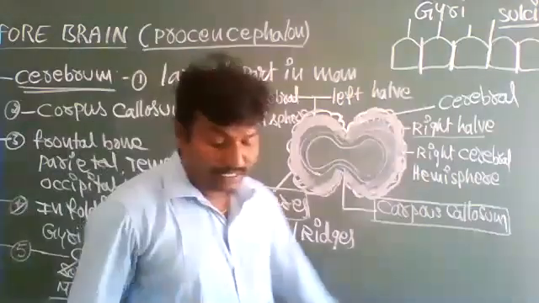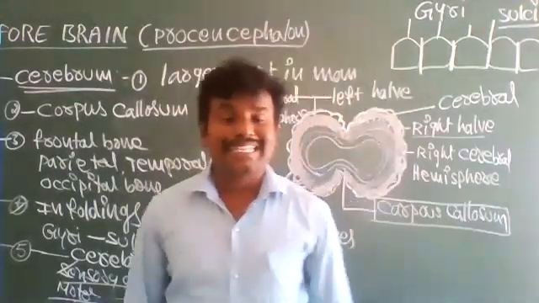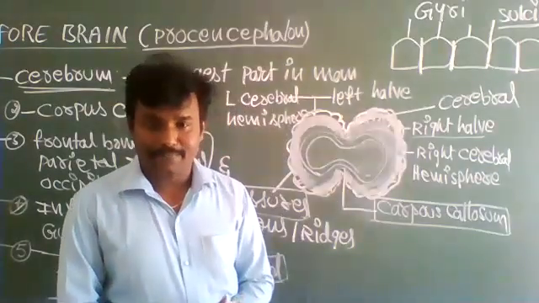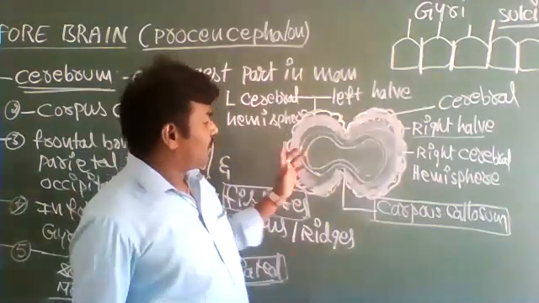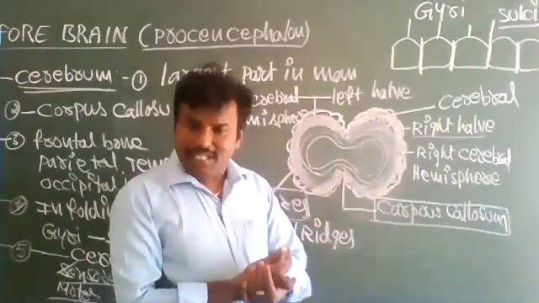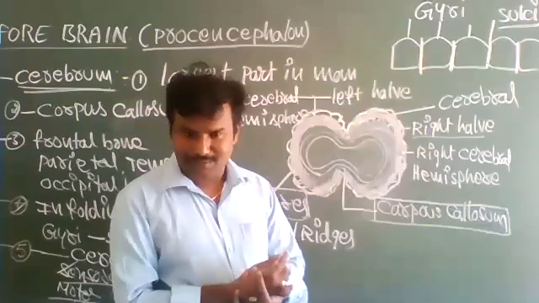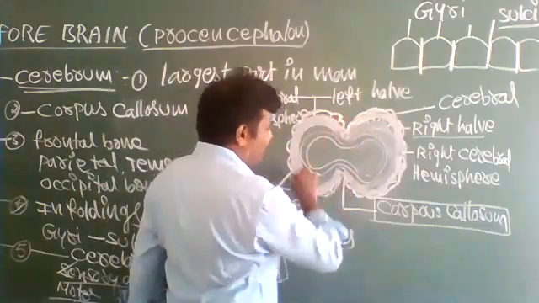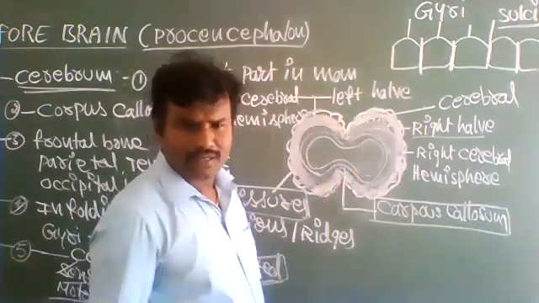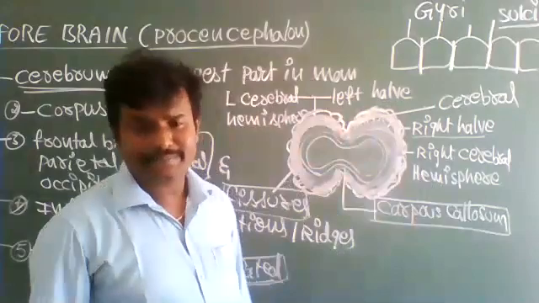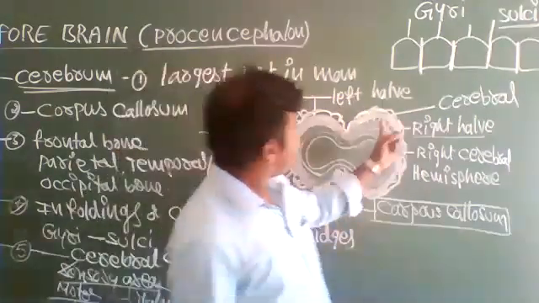So actually, in the forebrain, the first part is the cerebrum, the second part is the thalamus, and the third one is the hypothalamus. Before talking about the thalamus, here is one point we have to discuss. The outer part is the cerebrum, with gyri and sulci, the cerebral cortex.